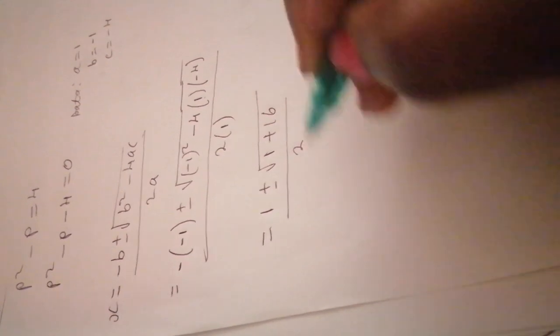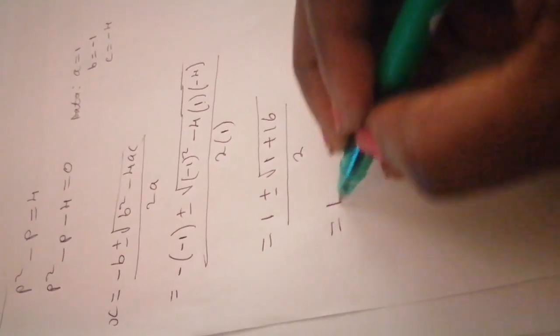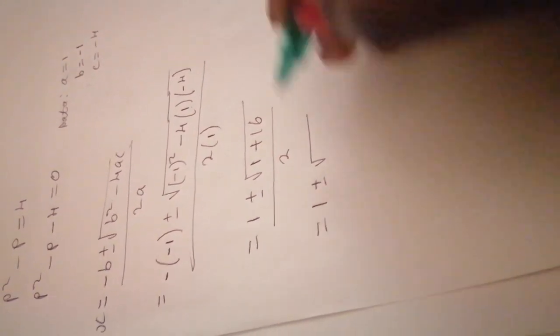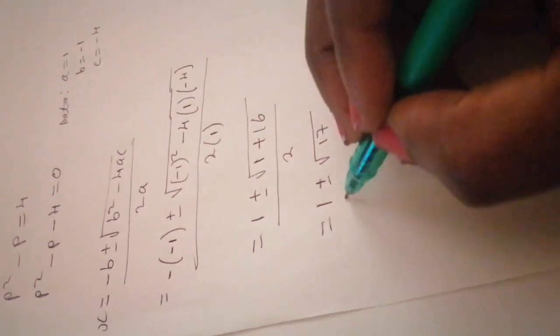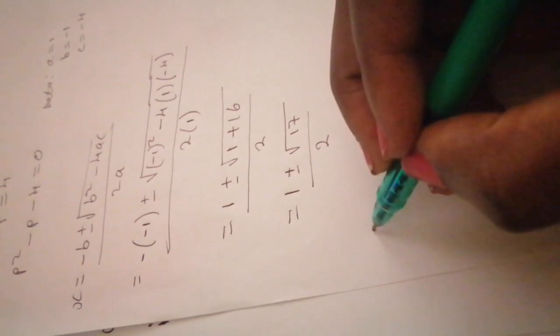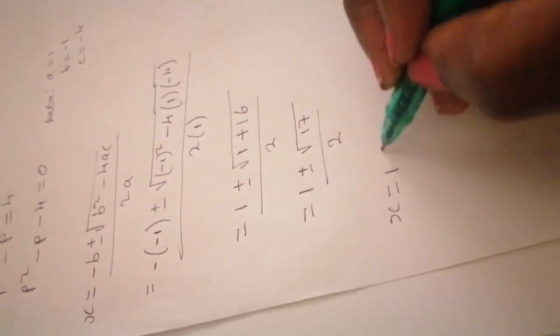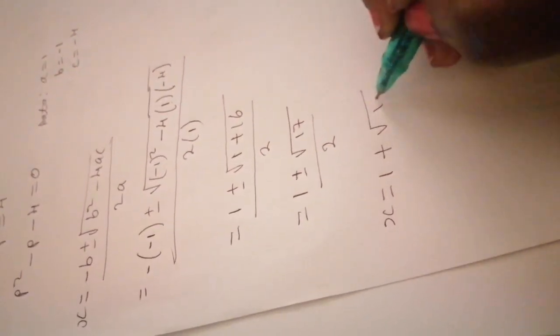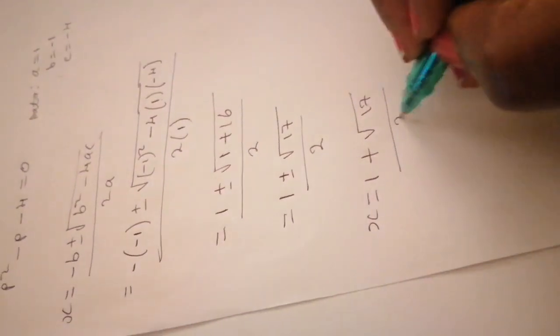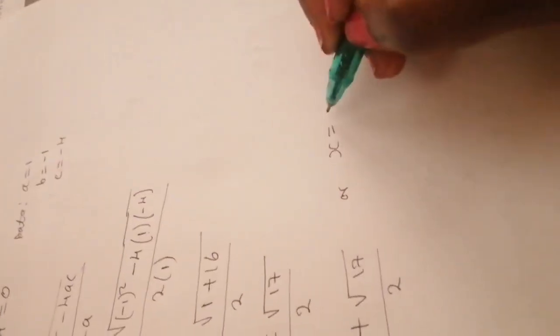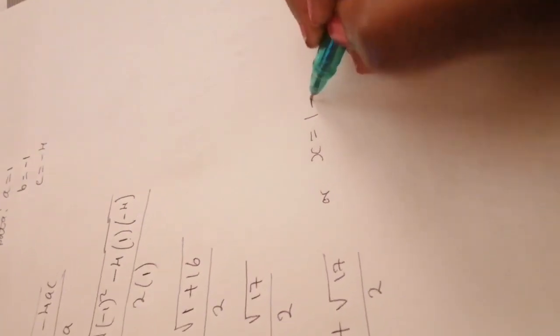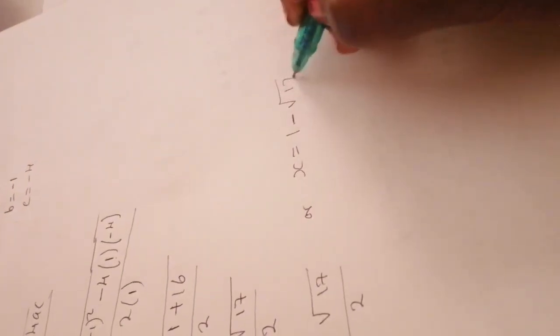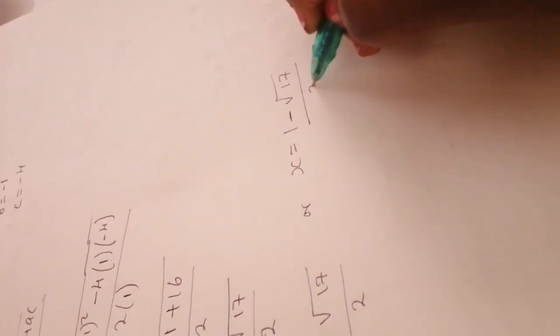Everything over 2 equals 1 plus or minus square root of 16 plus 1 is 17, over 2. x is equal to 1 plus square root of 17 divided by 2, or x is equal to 1 minus square root of 17 divided by 2.